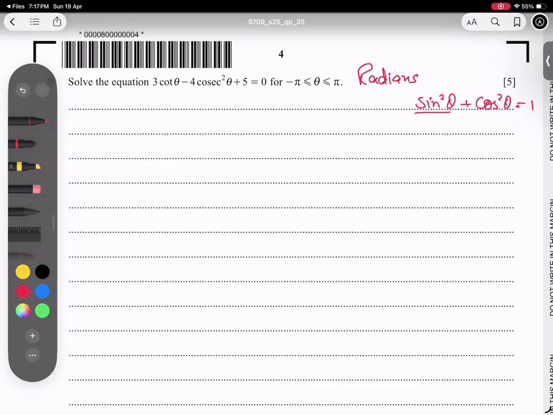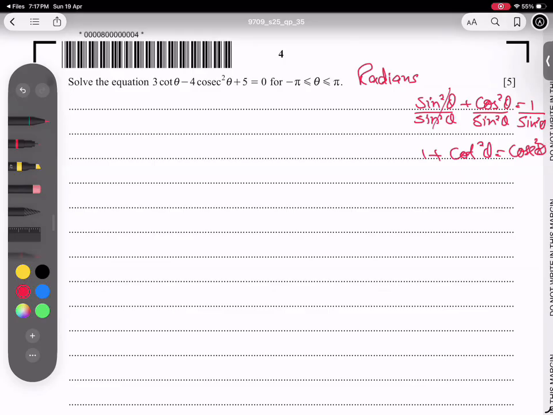If you divide each term by sine square theta, those formulas are available. Here I got a 1, here I got a cot square, here I got a cosecant square.